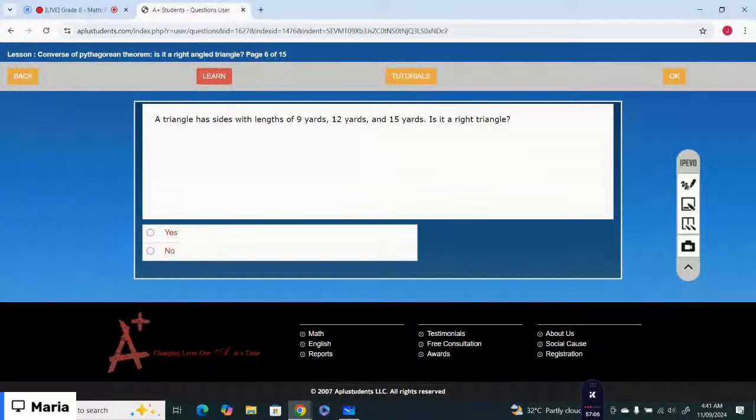A triangle has sides of 9 yards, 12 yards, and 15 yards. Is this a right triangle?